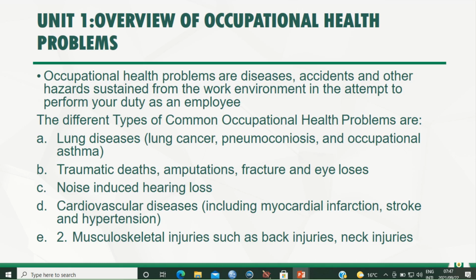When an employee is employed in an industry or in a company, there are various hazards that they are exposed to. When they are exposed to these hazards and sustain an injury, health problem, accident or disease, this is otherwise known as occupational health problems.